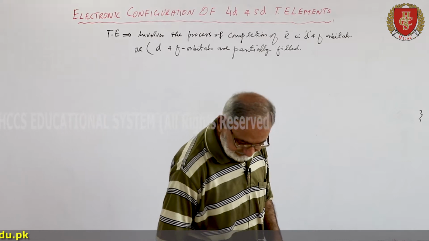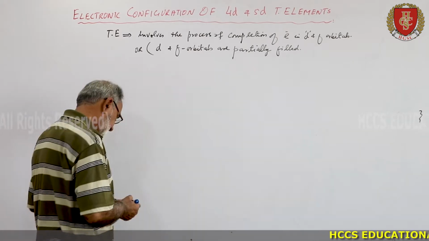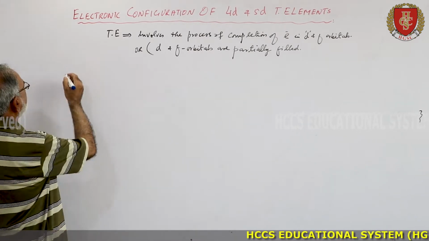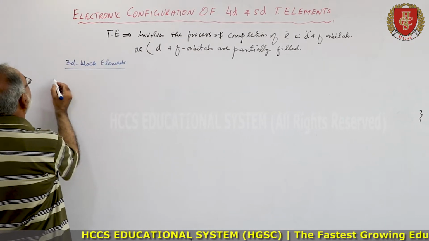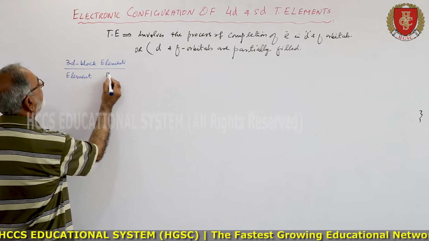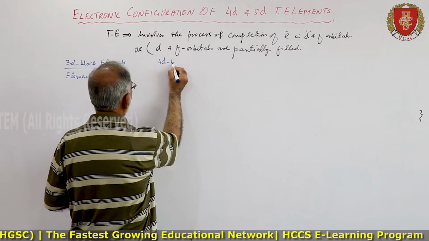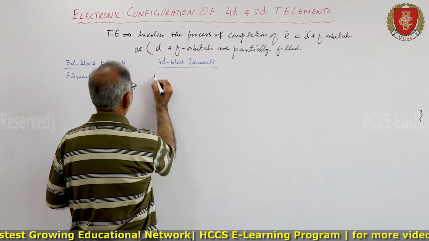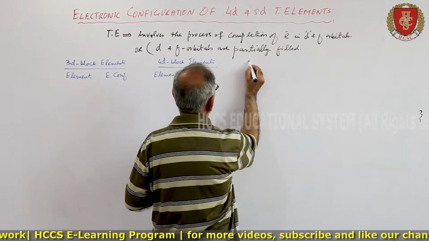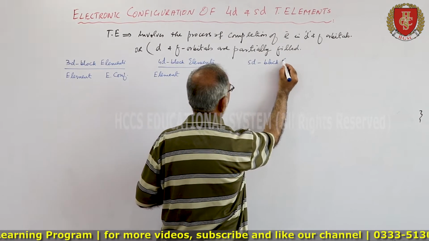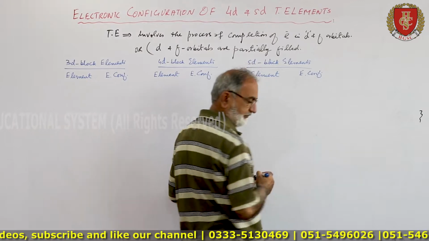Now we consider the different series in the form of a table, that is 3d block elements, the element and its electronic configuration, then 4d block elements, the element and electronic configuration, then 5d block elements, here element and electronic configuration.